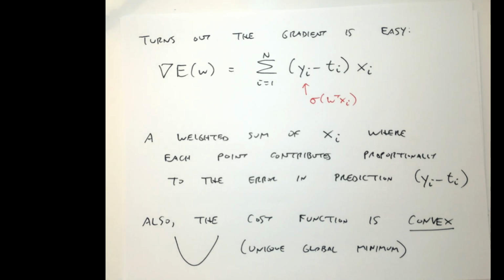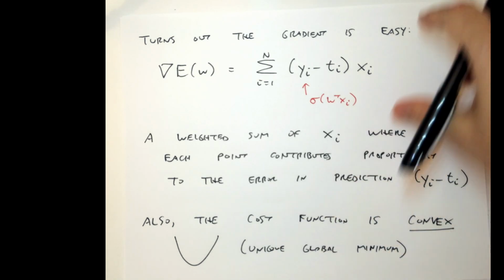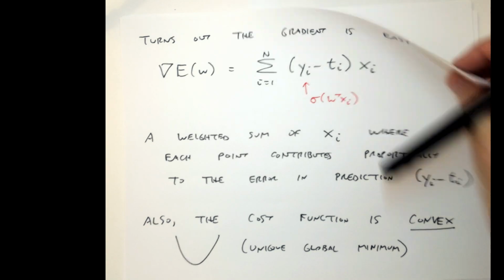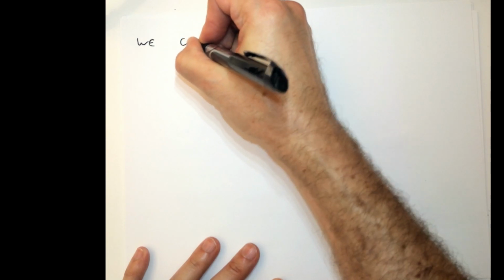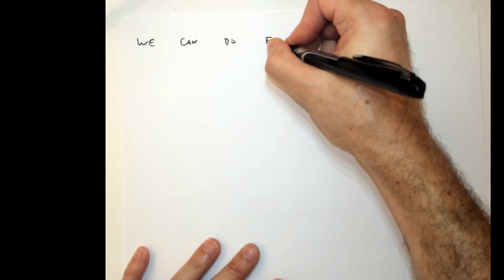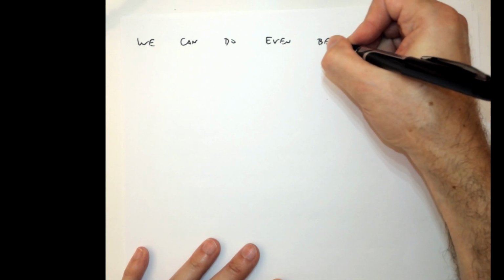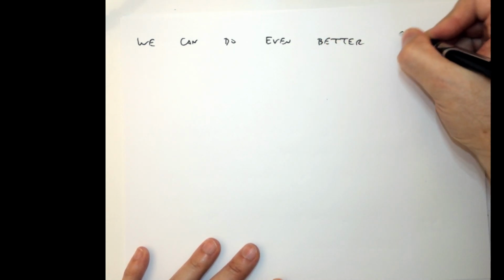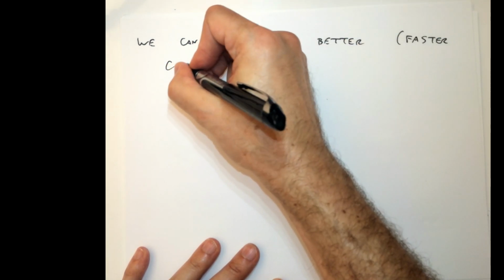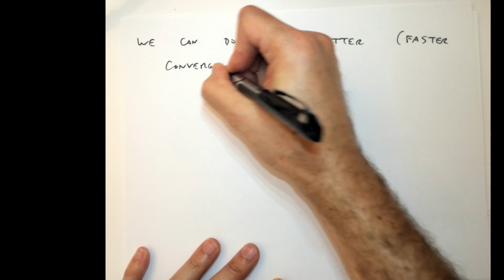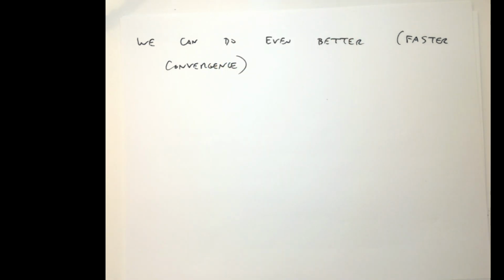there are better ways of doing optimization than gradient descent. So just in passing, what I'd like to say is that we can do even better, by which I mean faster convergence of this iterative algorithm, by minimizing this cost function using a different algorithm, right?